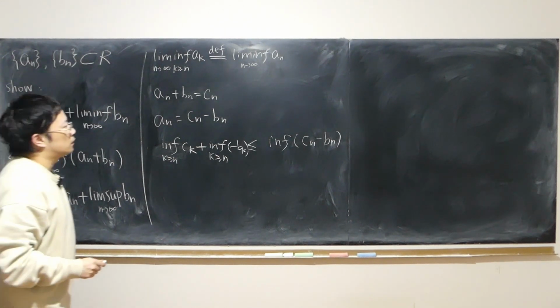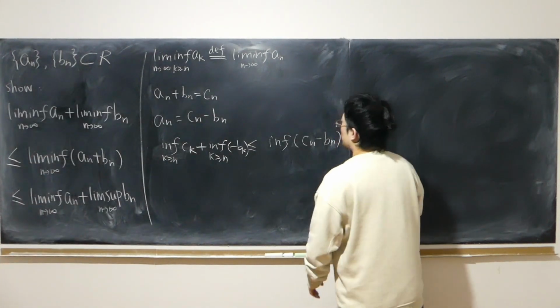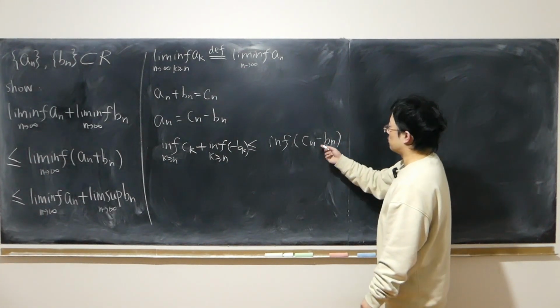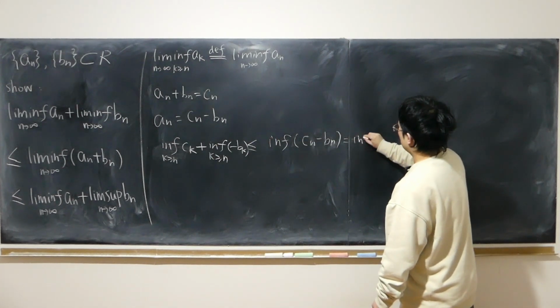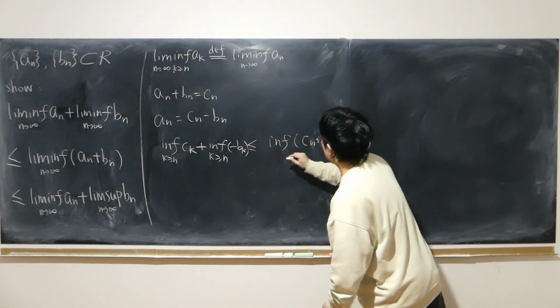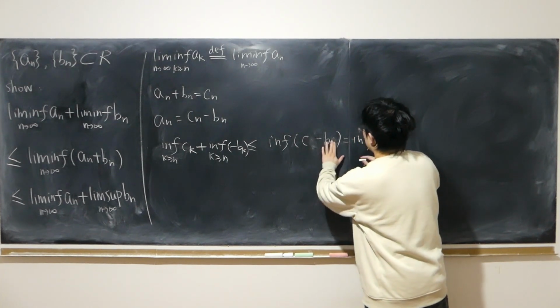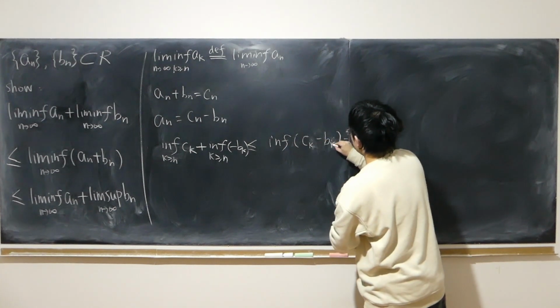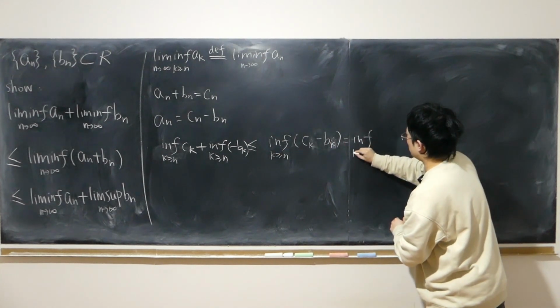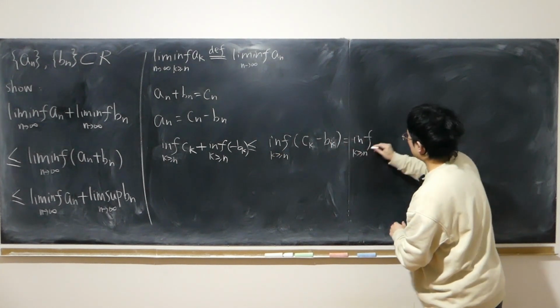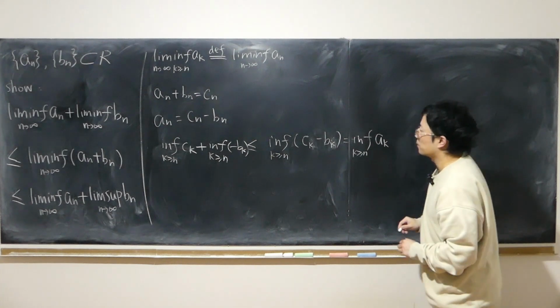And now, remember, Cn minus Bn just means An. So infimum Ck, Bk, K. Infimum K, Ak. Right, this time.